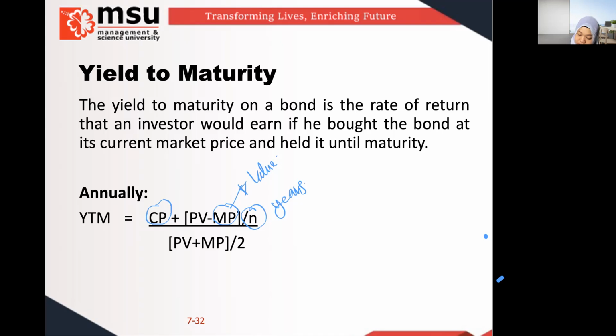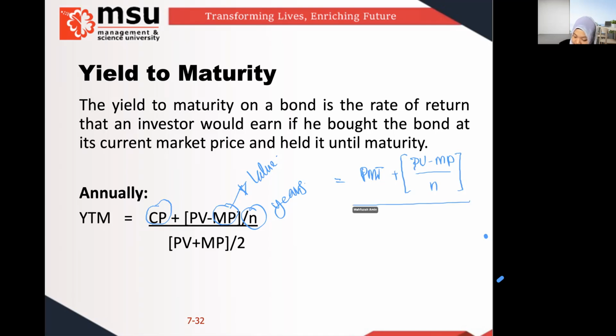So to make you see it easier, it is coupon payment plus par value minus market price divided by years.